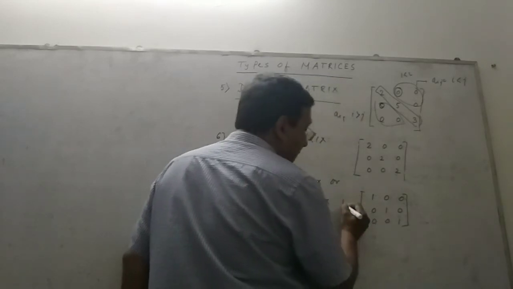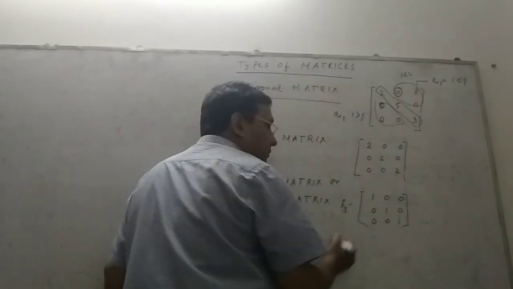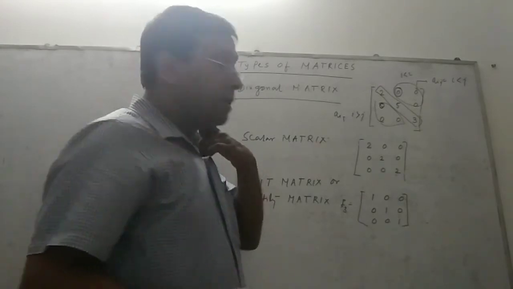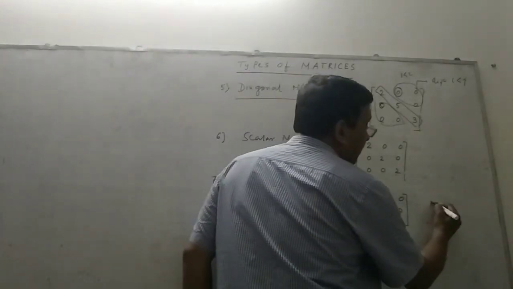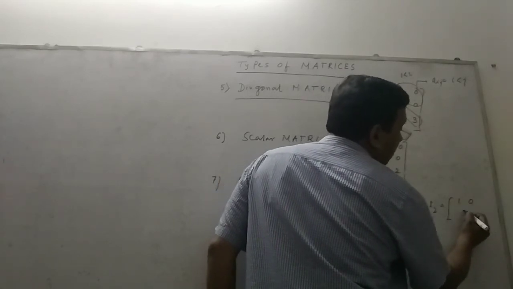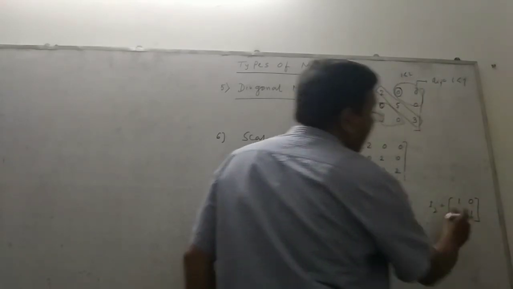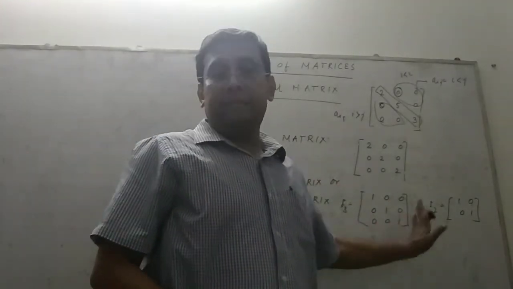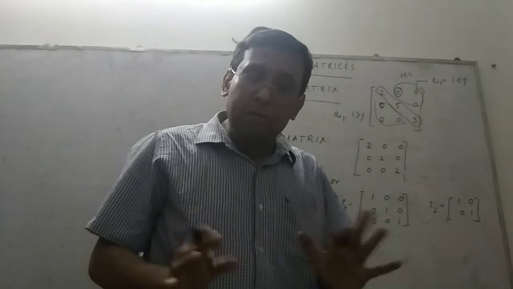This is I3, the 3 by 3 identity matrix. Similarly, a 2 by 2 identity matrix can be written as 1 0, 0 1. These two are very important. That's why I have defined both types of identity matrix. I hope you have understood.